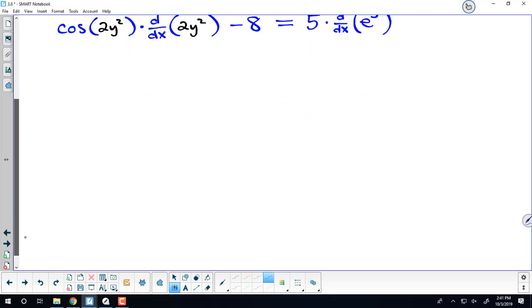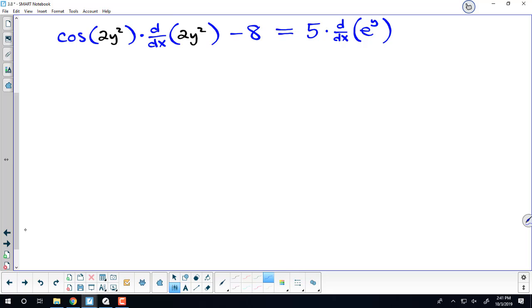So let's take those derivatives and work those over here. The derivative with respect to x of 2y squared would give us what? 4y prime? 4y y prime? What do y'all think? 4 times y prime? Okay.